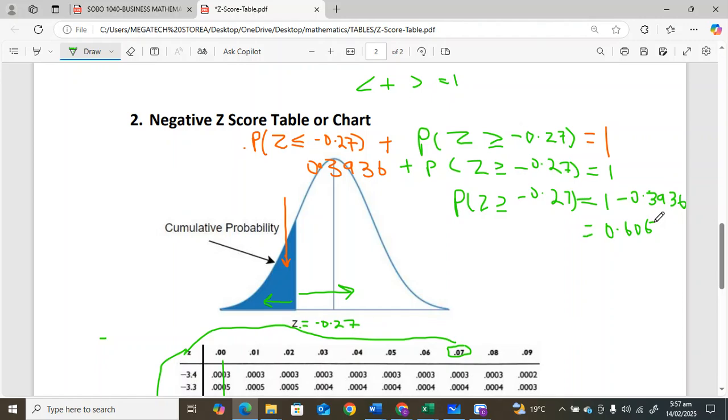You can leave it to 4 or 3 decimal places, but two is okay. To maintain consistency, let's leave it at 2, so 0.61, so that people are not confused about why there are 4 here but 2 there. We'll keep everything to 2 decimal places, just that the probabilities inside the table have 4 decimal places.